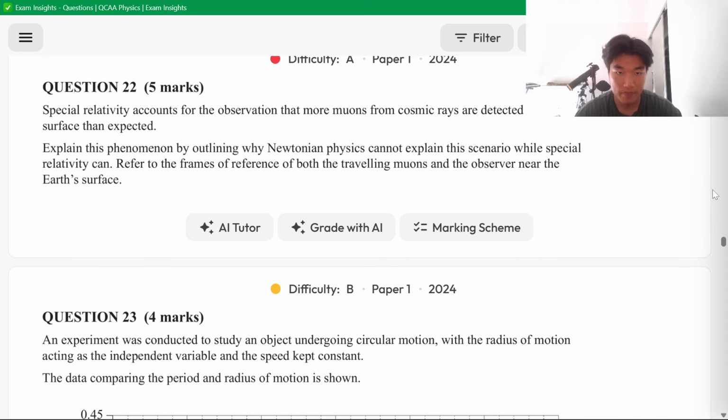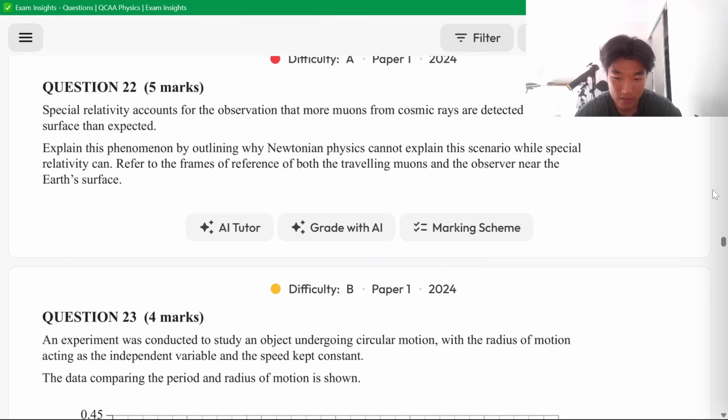So, according to Newtonian physics, muons have too brief of a lifetime to reach Earth's surface, because muons have a very short lifespan, like 2.2 microseconds.